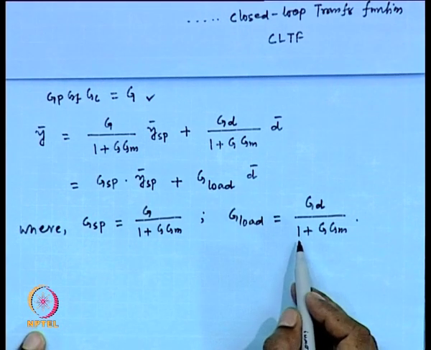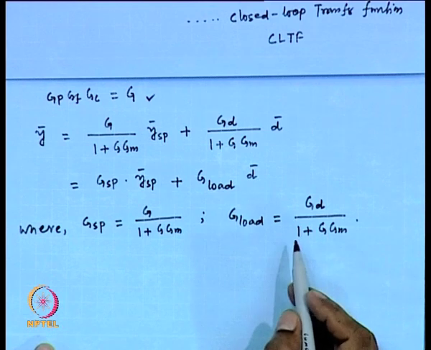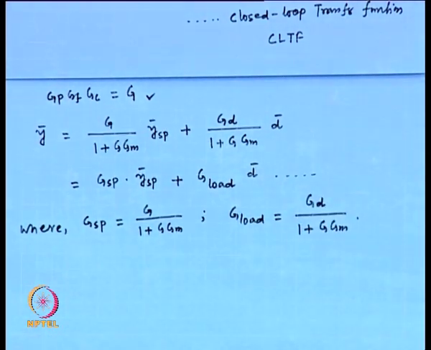Considering these two expressions for G set point and G load, finally we get this closed loop transfer function.